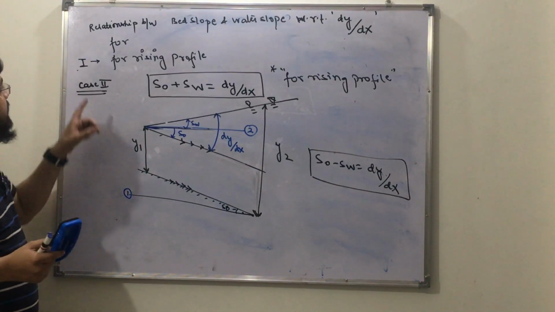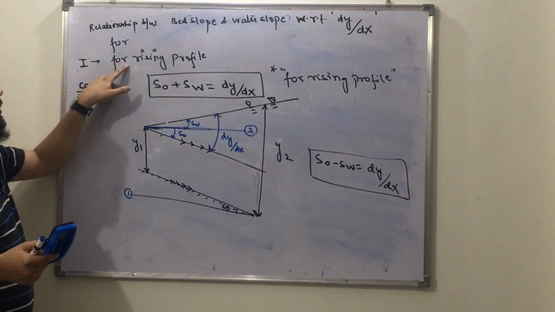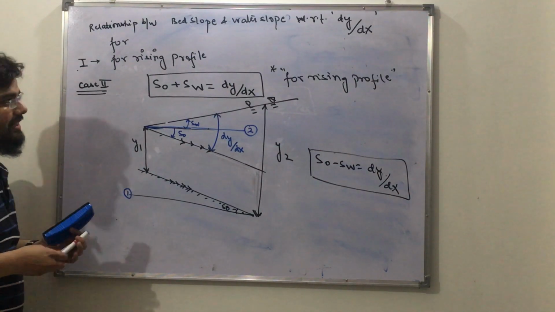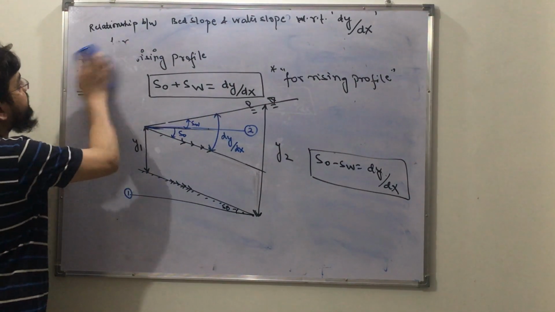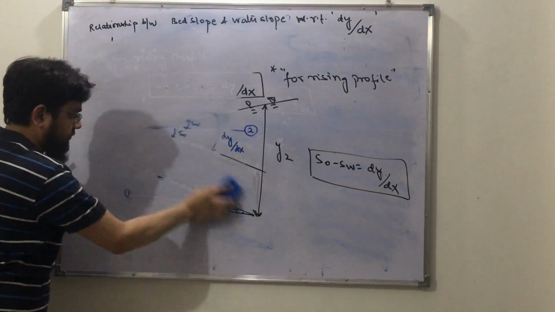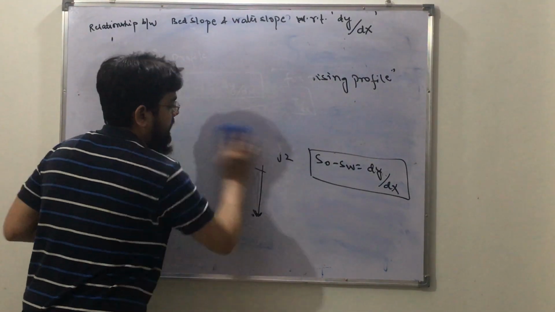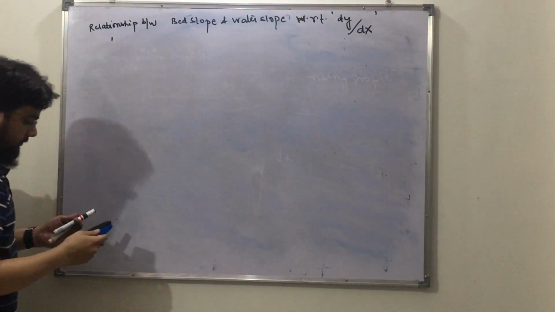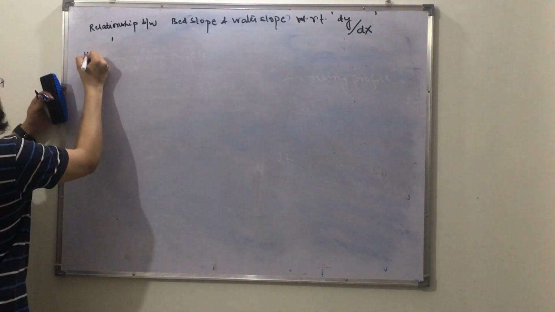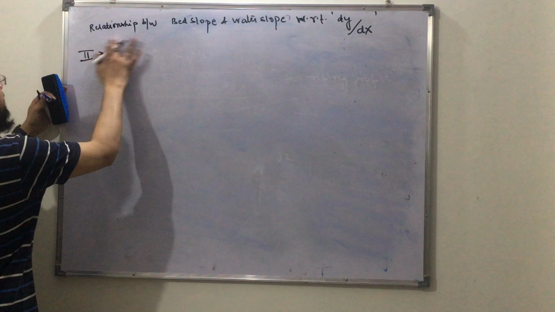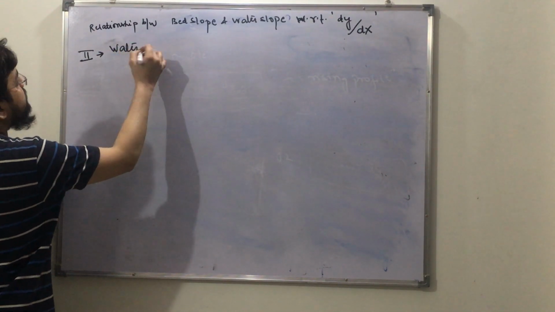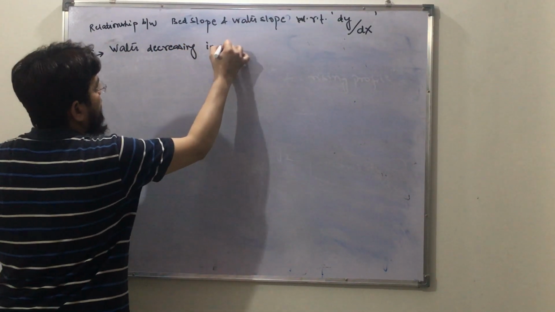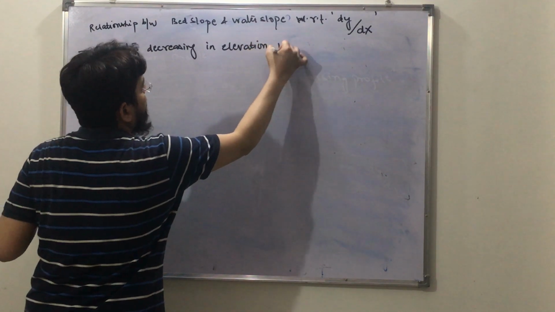Now we are switching to the second part, that is the decreasing profile, or water surface elevation decreasing profile. What is the condition for that? I am rubbing it. So the second case is water decreasing in elevation profile.